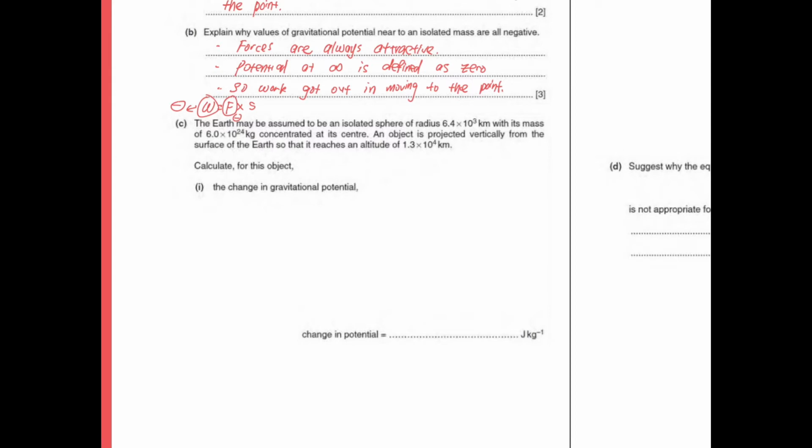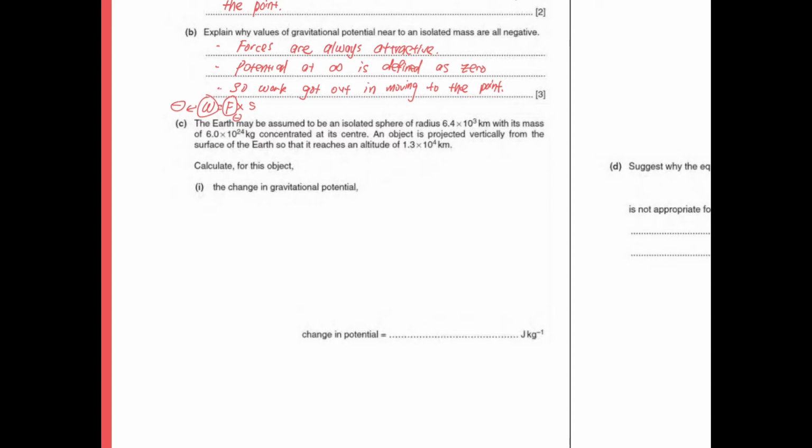An object is projected vertically from the surface of the Earth so that it reaches an altitude of 1.3 times 10 to the power of 4 kilometer. So calculate for this object the change in gravitational potential.